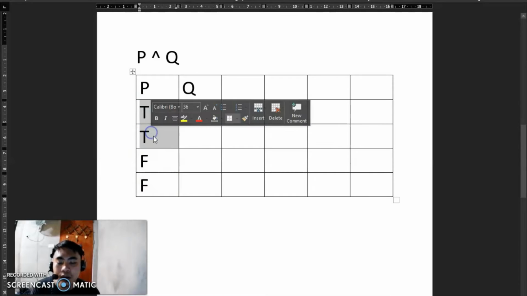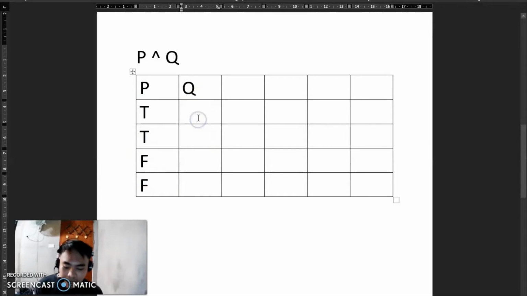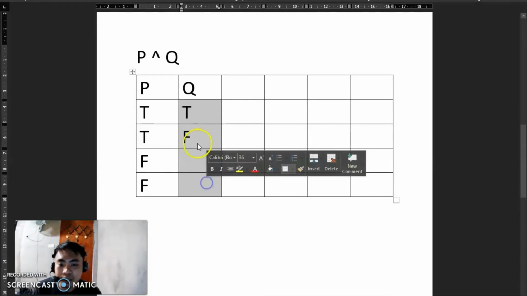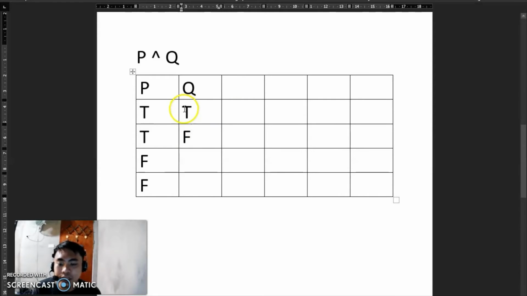So, dito, dalawa ang true. Pagdating naman dito, isa na lang ang true. Dito, dalawang false. Pagdating dito, isa na lang yung false. Since apat po yung ating elements, ulitin lamang po natin yung sequence niya na true, false, true, false. So, ang magiging element po ng Q ay true, false, true, false.